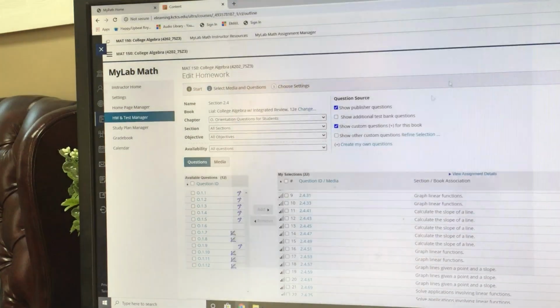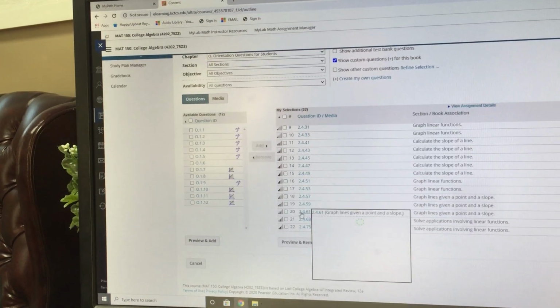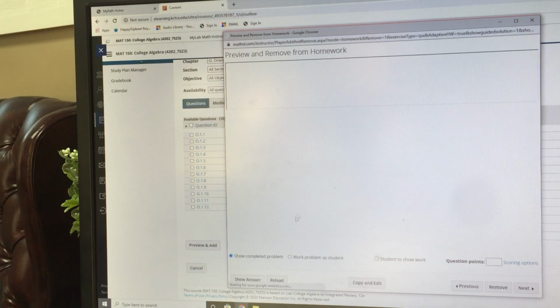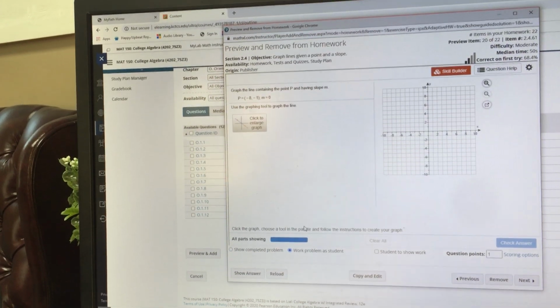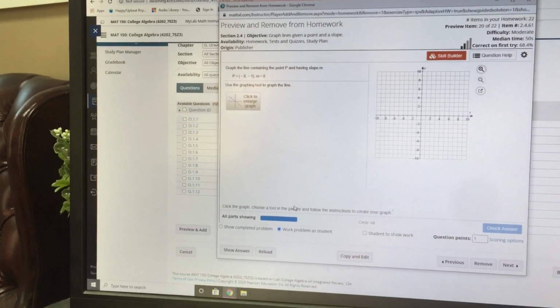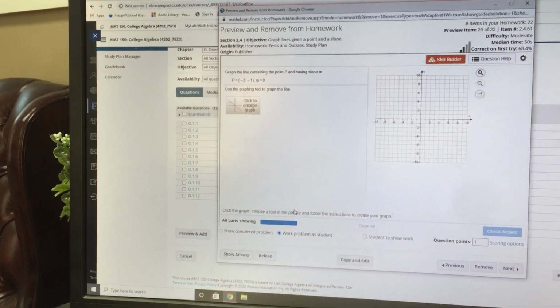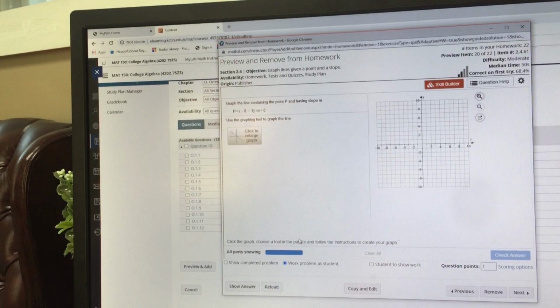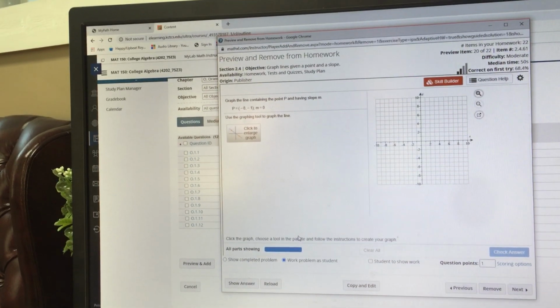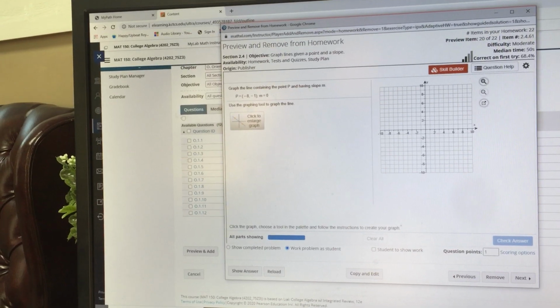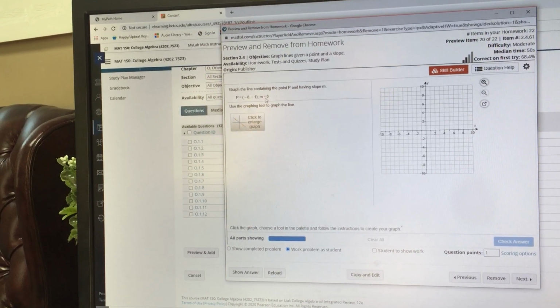Okay. Getting close to being done here. Number 20. Okay. Graph the line containing the point P and having the slope M. Okay. So we've got this point, we've got that slope. So we're going to click the graph.